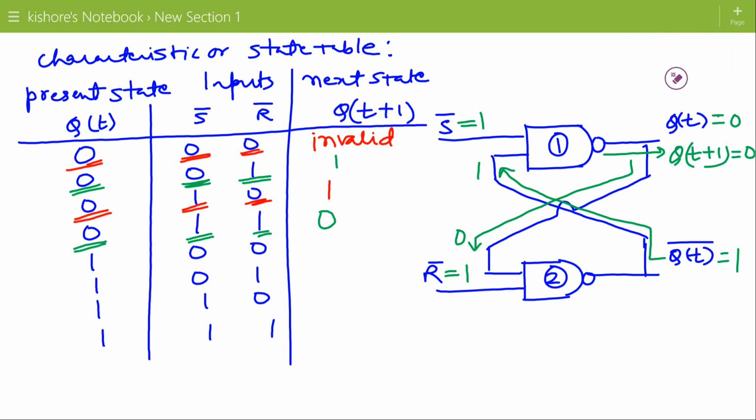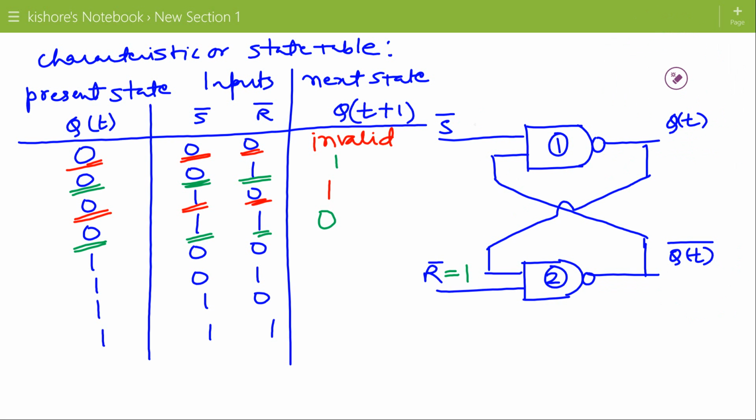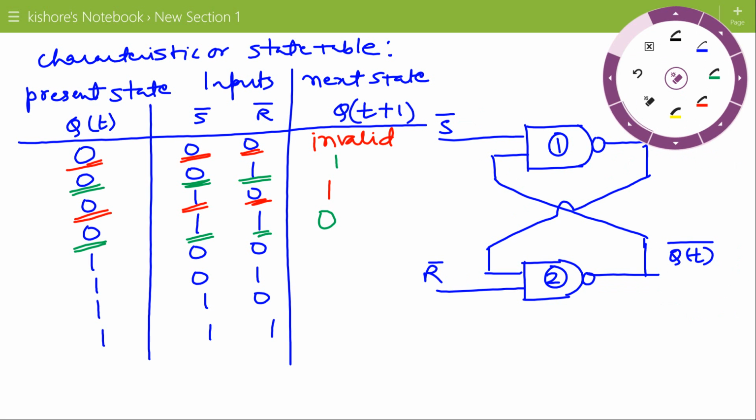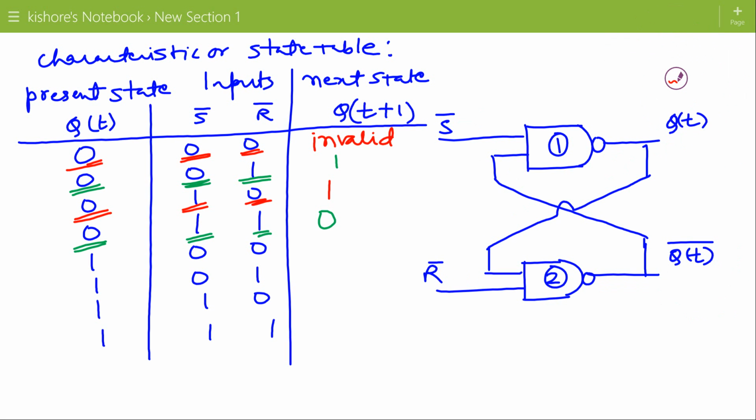Let's check the fifth condition. QT is 1, QT bar is 0, S bar and R bar both are 0.